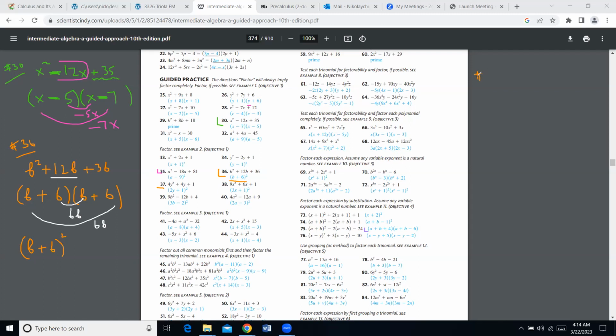Here we have a start with 4y squared. 4 times y squared is here, plus 4 times y, and plus 1 that we need to go ahead and factor with 2 parentheses.